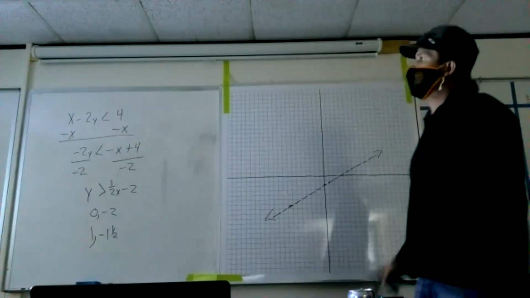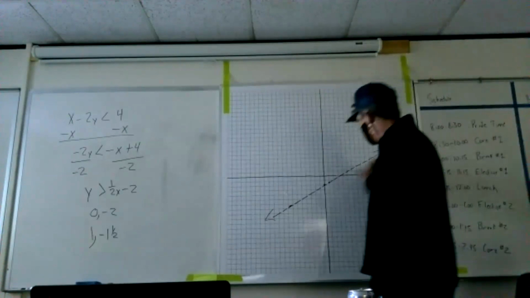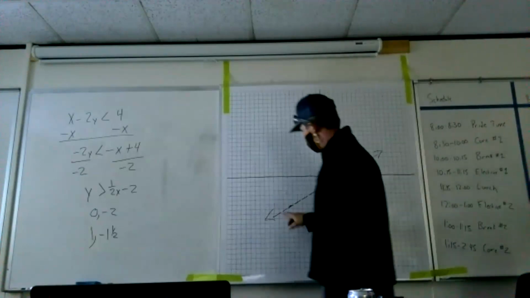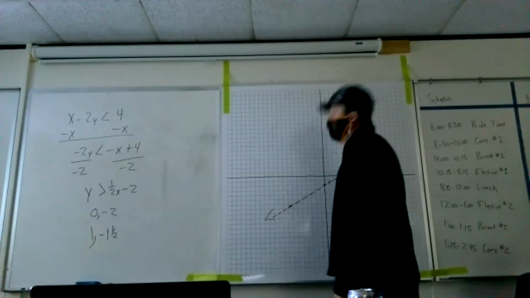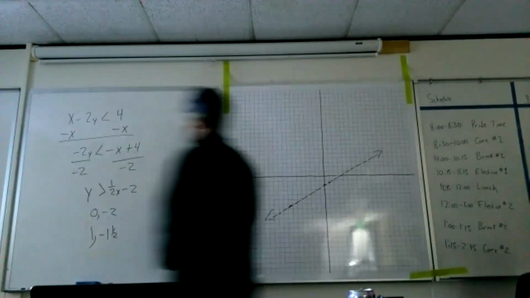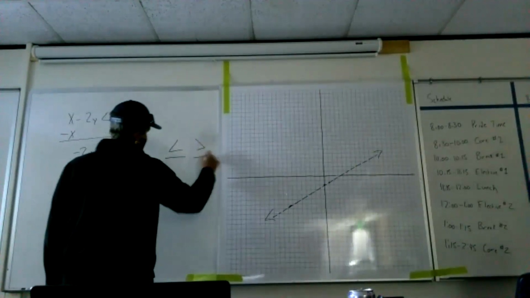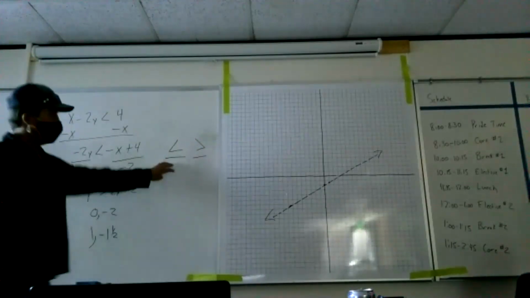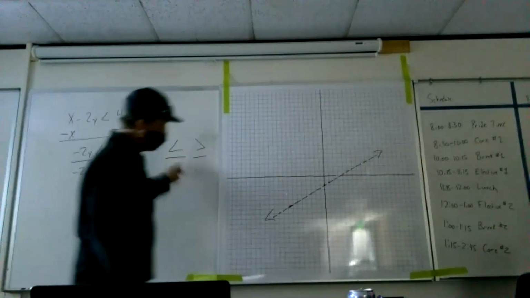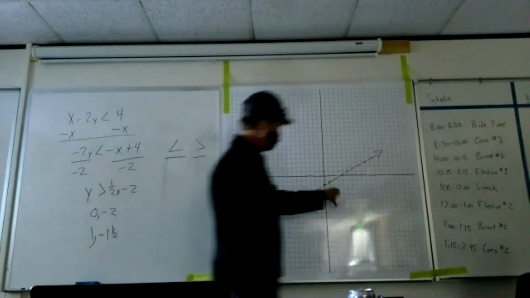If we have a greater than or equal to, it would be a solid line. The way that I remember it is the line at the bottom of the greater than or equal to sign. I imagine that that line fills in these gaps.